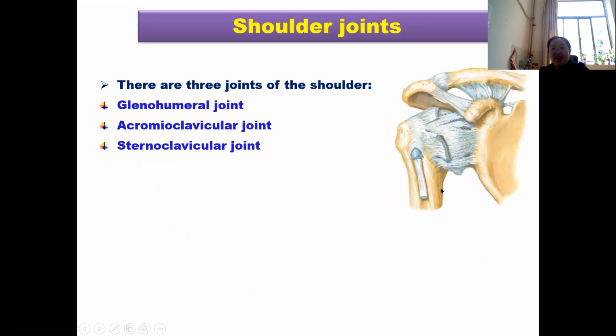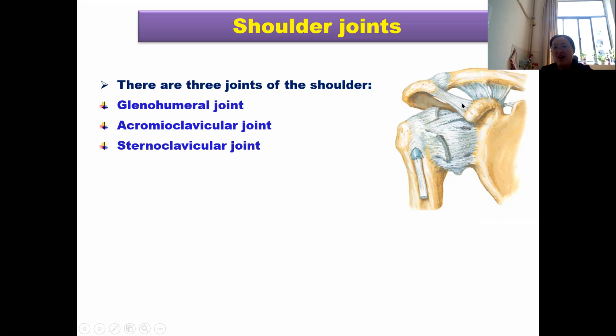So here, we briefly review the shoulder joint. The shoulder joint is formed by the head of the humerus and the scapula. Also above are the acromion and the coracoid, which form an arch.